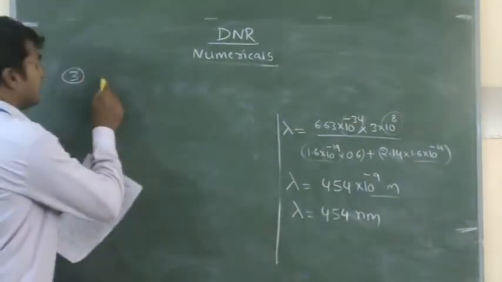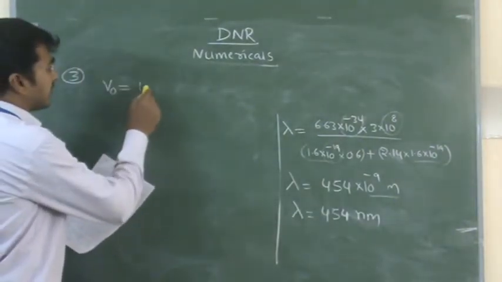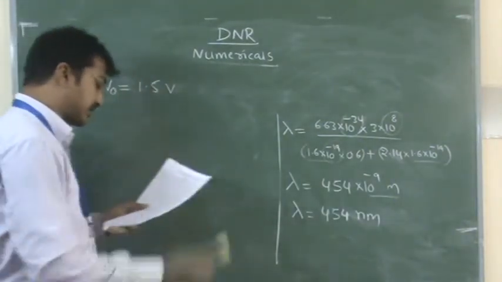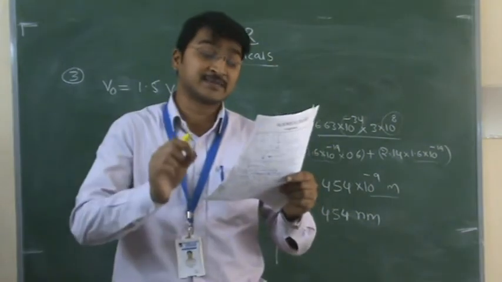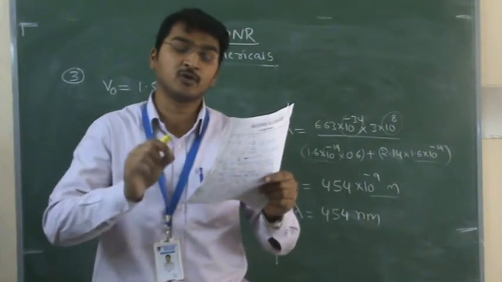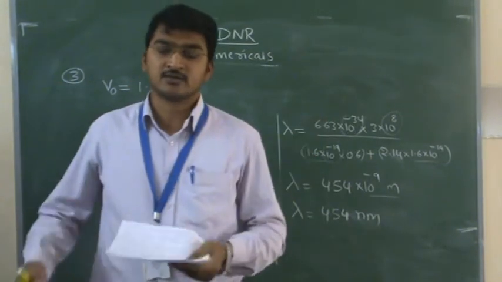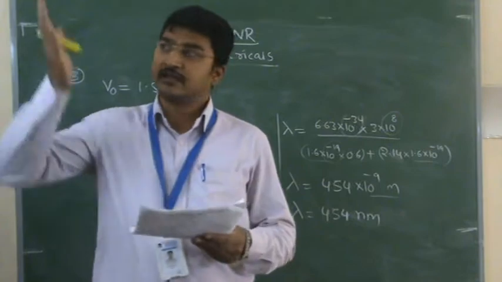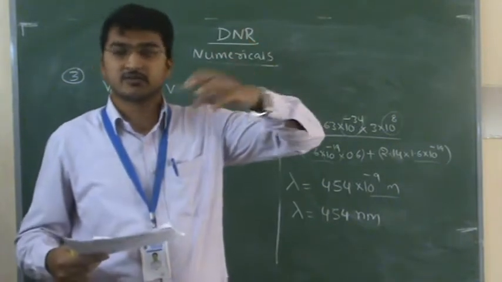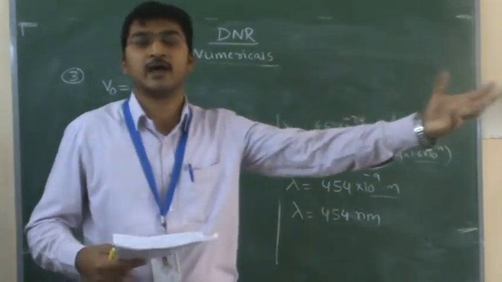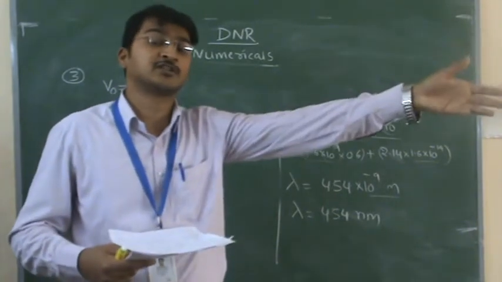So what is given? V naught is given as 1.5 volts, in SI unit. What is the maximum kinetic energy of the photoelectrons emitted? Light is incident, electrons are ejected, and they move towards the anode. We applied a negative potential to the anode.